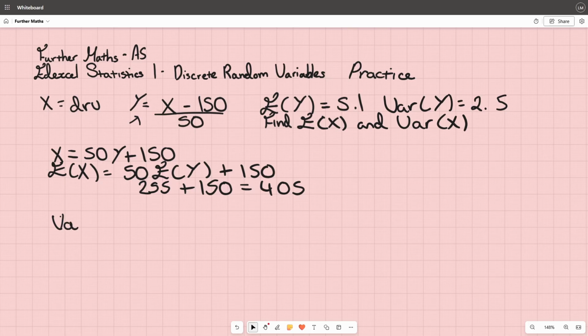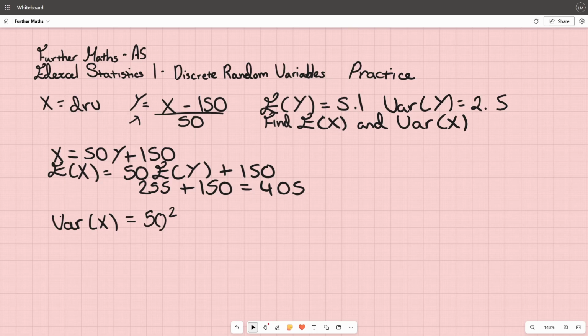And now we need to do the variance of x. So we take the same base equation, x equals 50y plus 150. So the variance of x is very similar, which is 50 squared, because if you remember, we square the term that has the coefficient of y in this case, because we're focusing on y.